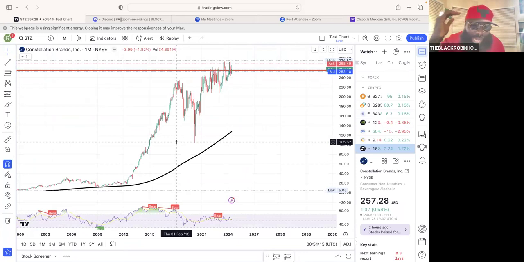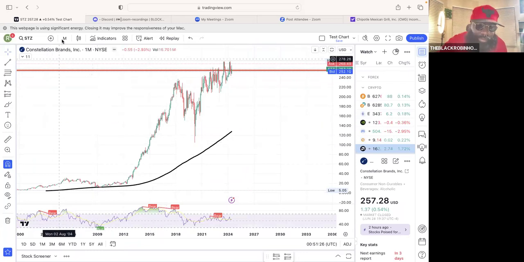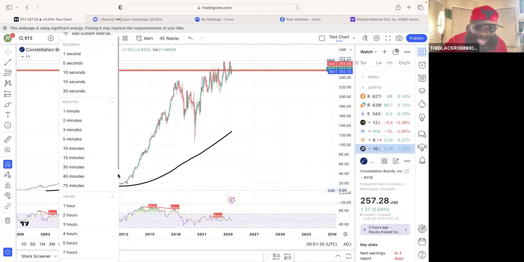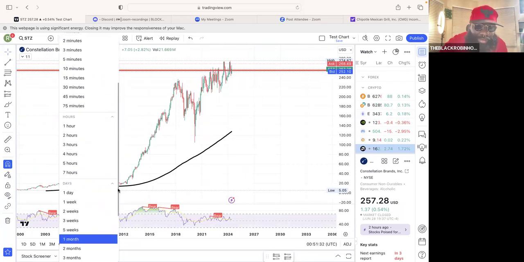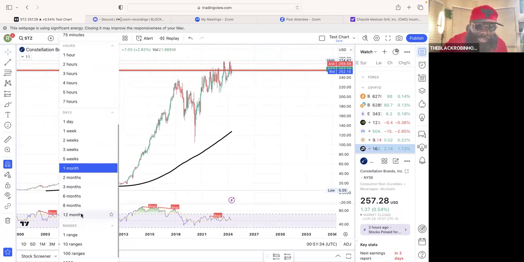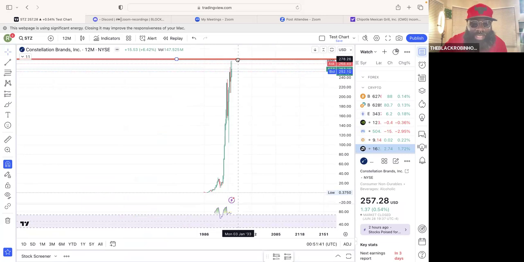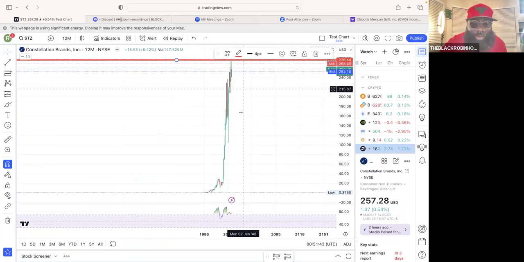You want to start from the highest time frame and then go down to the lowest. Not the highest, because the time frames go as high as 12 months. If I switch it to 12 months, each candlestick takes a whole year to form.